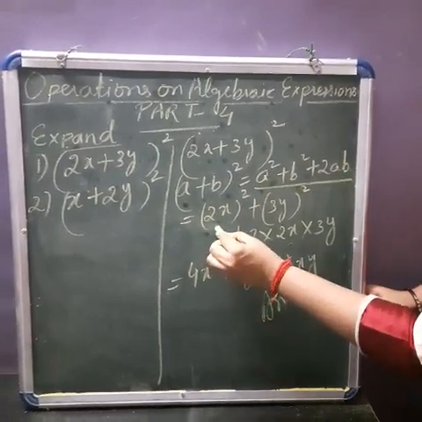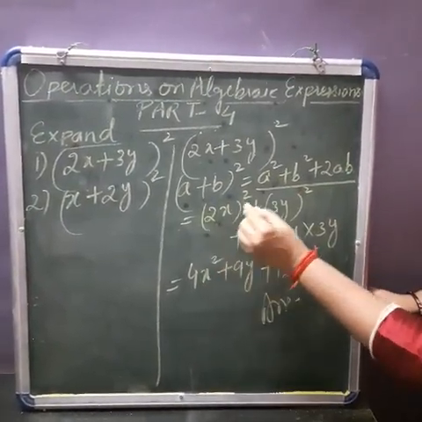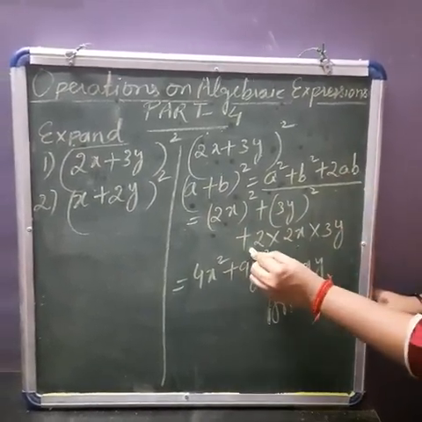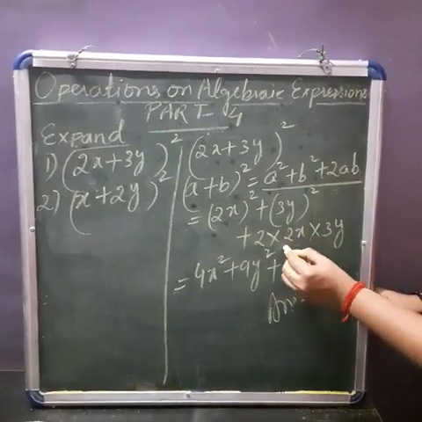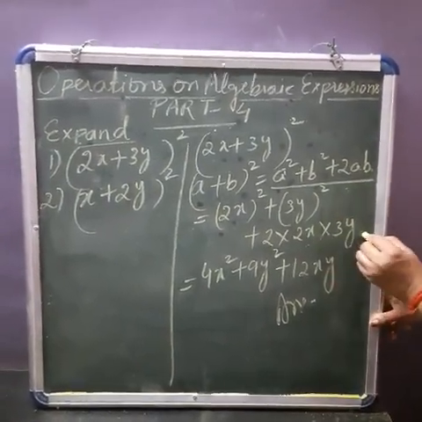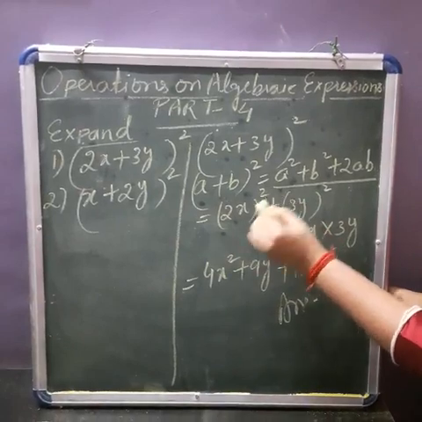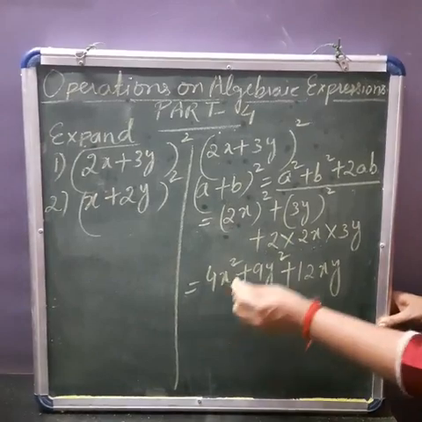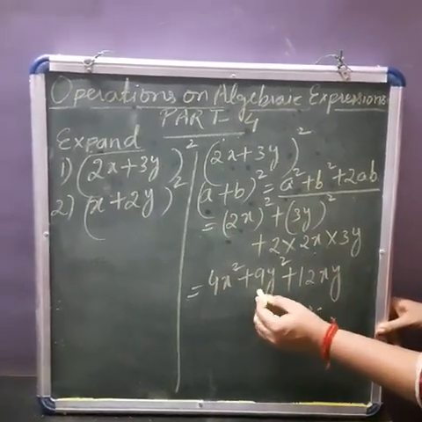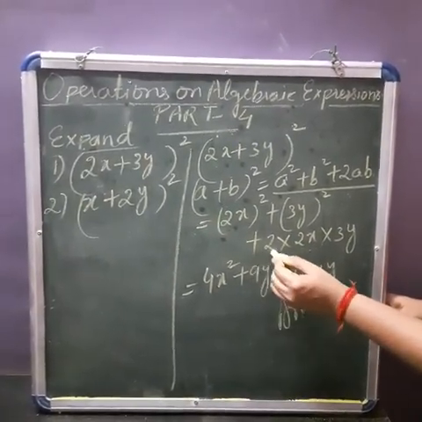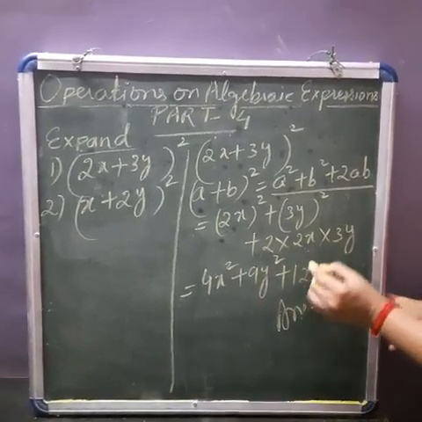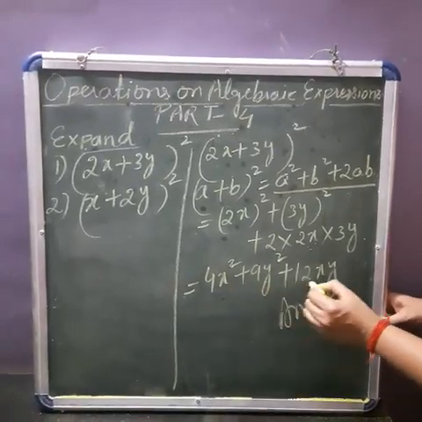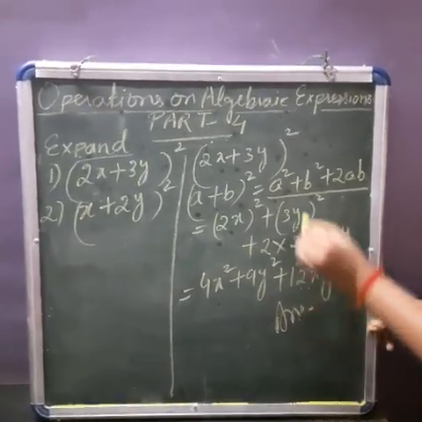We will use a square, that is (2x) whole square, b square, that is (3y) whole square, plus 2 multiplied by 2x, multiplied by 3y. (2x) whole square means 2x multiplied by 2x, which will be 4x square, then plus 9y square, plus 2 multiplied by 2 multiplied by 3, 12xy. So 4x square plus 9y square plus 12xy is the expansion for this bracket.